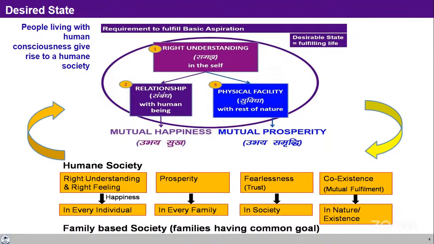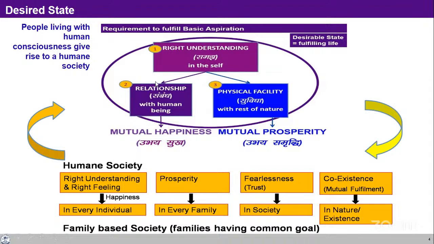Desirable state. If every individual is able to develop this right understanding in the self as first priority, relationship with human beings, if I am able to ensure the right feelings in me, I will be able to share the feelings with others so that it can lead to mutual happiness.